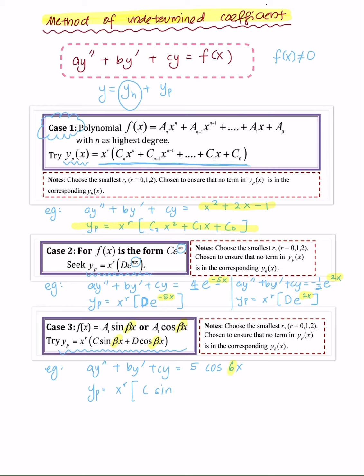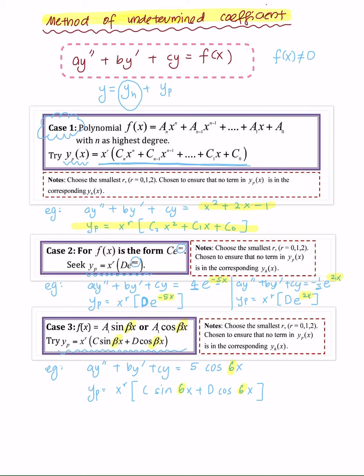So the value in the sine here is also 6x, the beta, plus d cos 6x. The value of 6 here needs to be the same.